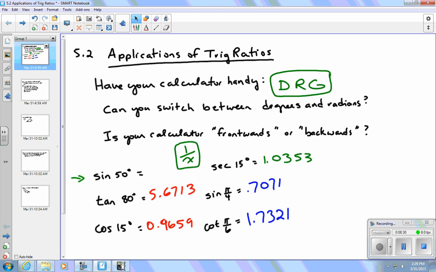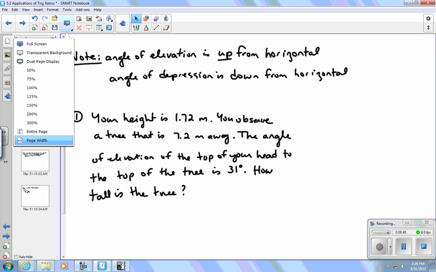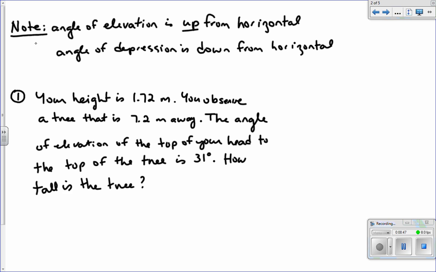Okay, we'll spend a few minutes with our calculators in class as well, just to ensure that everybody's got that working for them. Now, a couple of definitions here that we need, and I'm just going to go full screen. The angle of elevation means we're going up from the horizontal.